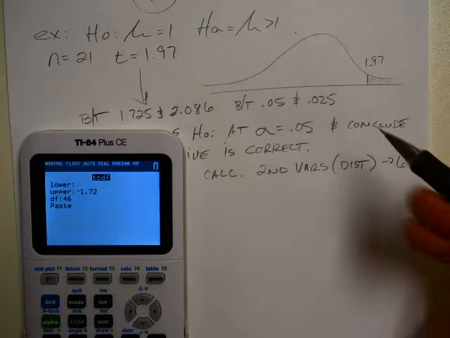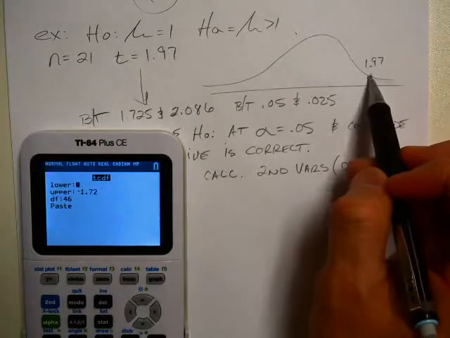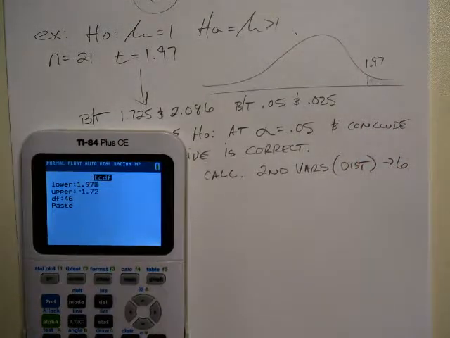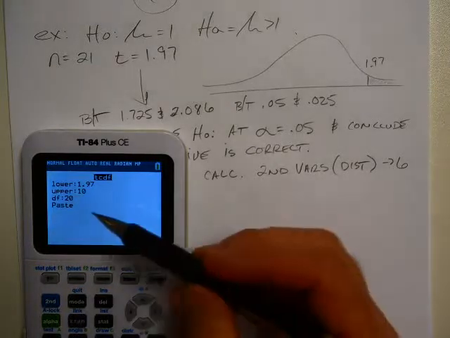Right. We haven't. So what we're going to do is put 1.97 in as the lower number. And for the upper number, we're going to put just some large number of standard deviations. I'm going to say probably 5 or more is plenty, but let's put in 10. And our degrees of freedom in this problem would be 20. So does that make sense as to where we're getting the 10?